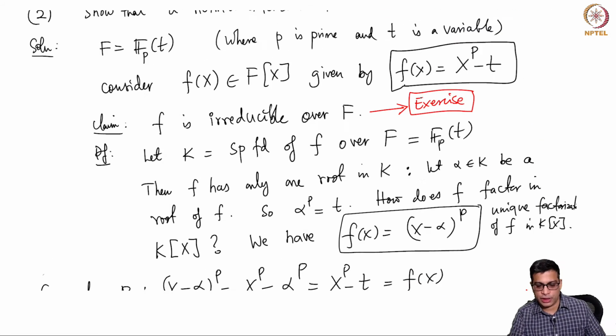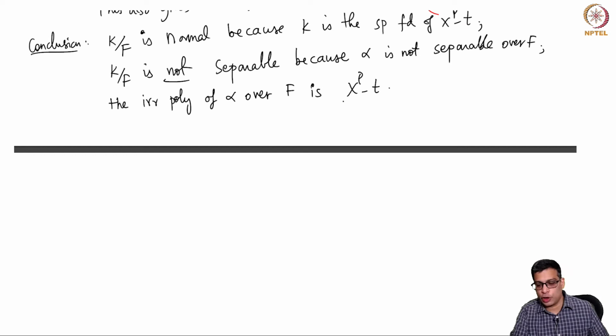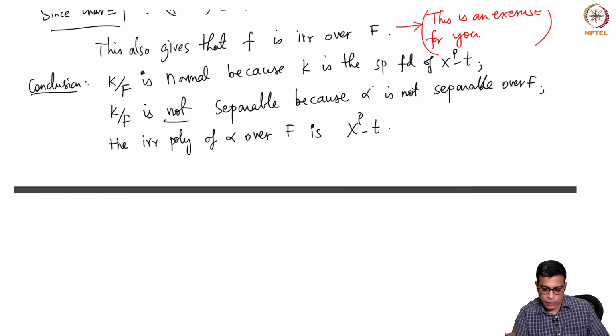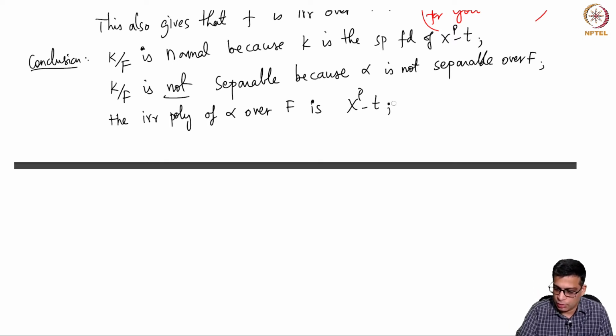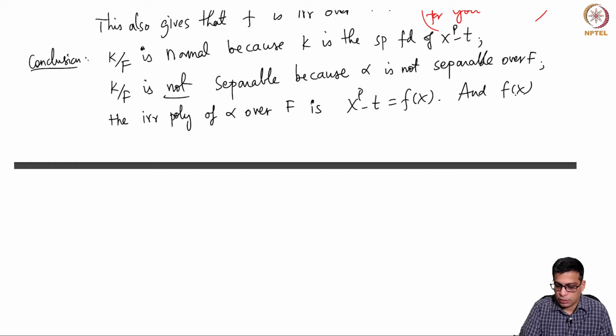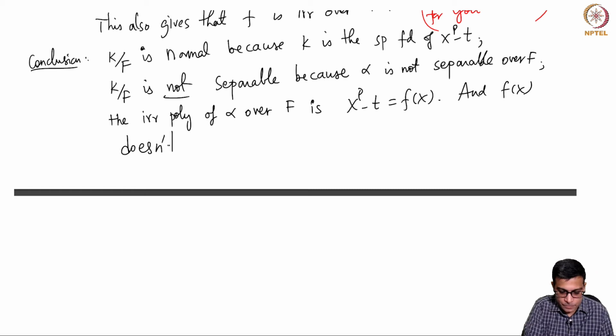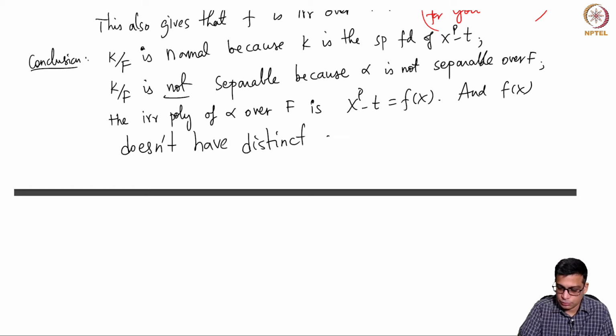Technically, without proving the claim, all you can say is that the irreducible polynomial is a divisor of this, but once you prove the claim you can show that this is the irreducible polynomial, which of course I called f(x), and f(x) does not have distinct roots in K.